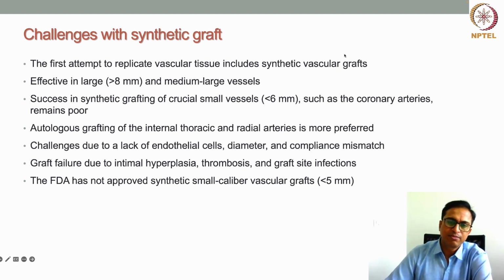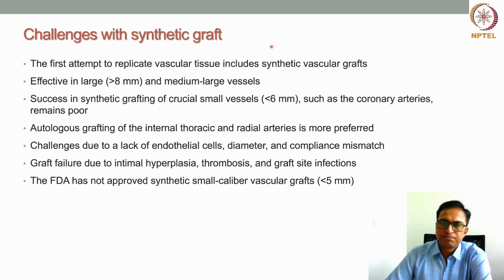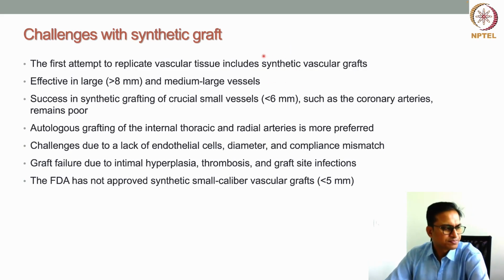As I mentioned earlier, for large diameter blood vessels the molding technique is preferred, where synthetic grafts can be well manufactured, and those are very effective for larger diameter blood vessels. But for smaller diameter blood vessels, synthetic grafts are not very successful, and there are graft failures due to various reasons.